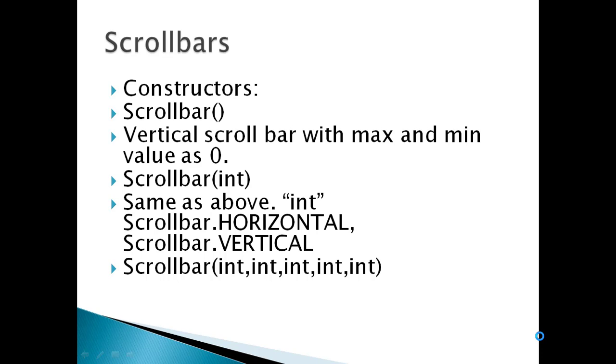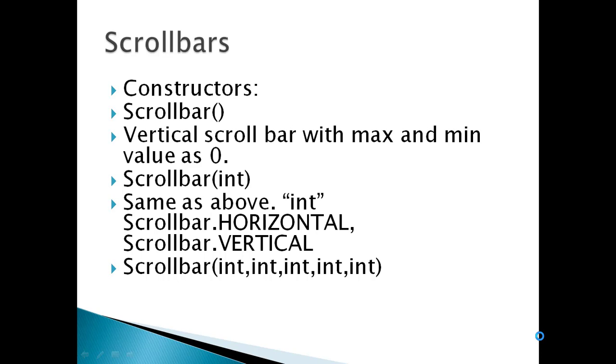Next is Scrollbar(int style), same as above, but the integer value is Scrollbar.HORIZONTAL or Scrollbar.VERTICAL. If we provide Scrollbar.HORIZONTAL in that constructor, it creates the horizontal scroll bar. If you provide Scrollbar.VERTICAL, it creates the vertical scroll bar.